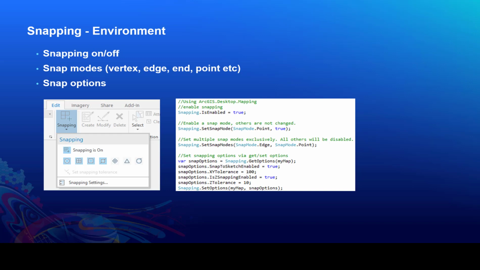And then there's an alternate method to actually set multiples of these. At the bottom here we are setting the options, and we do that by getting the options firstly from the Snapping class by providing a map parameter, set the tolerances, and then set it back using Snapping.SetOptions, the map, and then the options object that we retrieved. And that's a common sort of pattern in Pro.